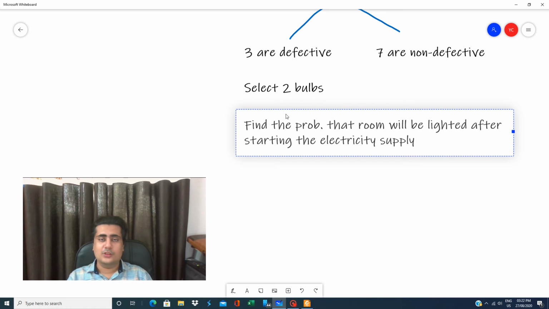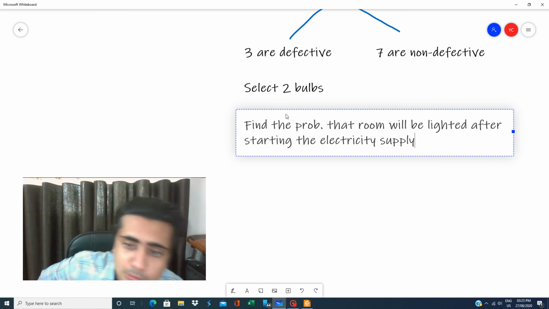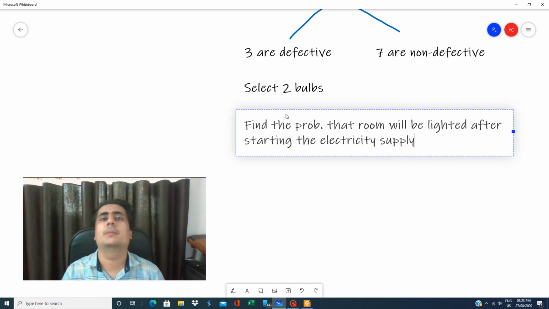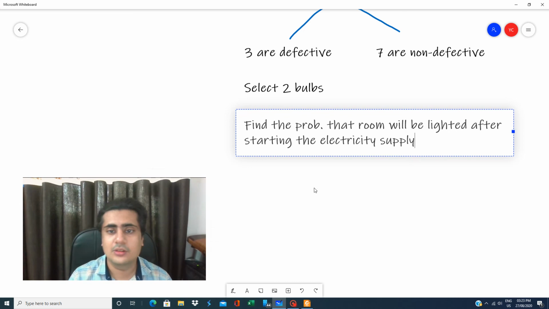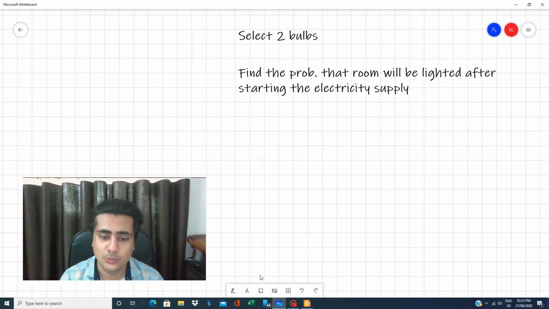Now, as I told you, they didn't tell you that the two bulbs selected should be both defective, or one defective and one non-defective, or both non-defective. This is not your question. Your question is that you have to find the probability that room will be lighted.